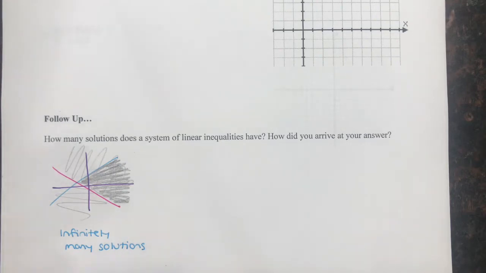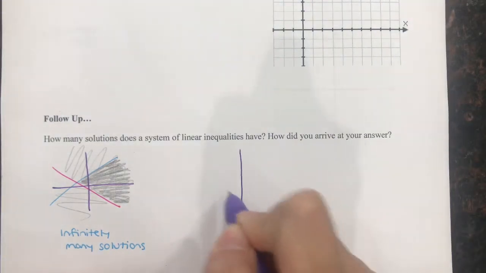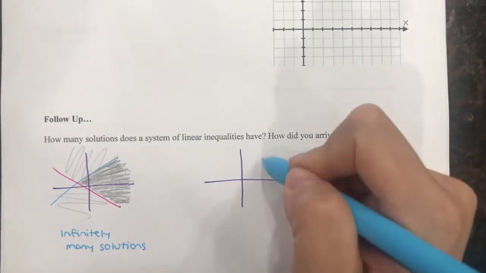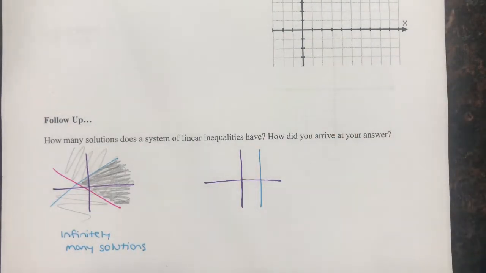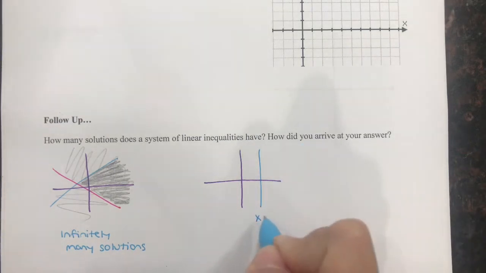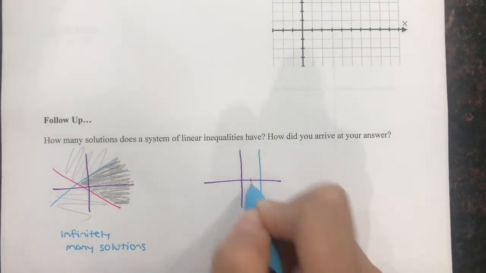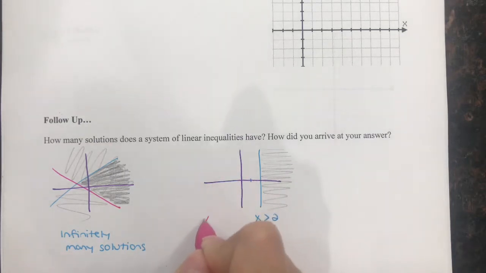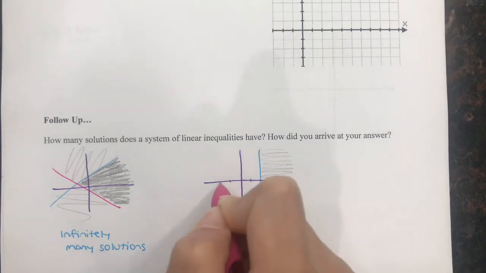Now, if I had something like this, let's say I had a vertical line, and let's say its x is greater than, we'll call it 2, or greater than or equal to. So I would shade to the right. Now, what if I have another inequality, x is less than or equal to negative 2?